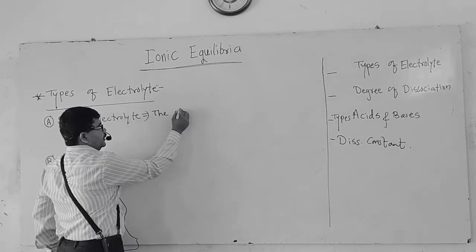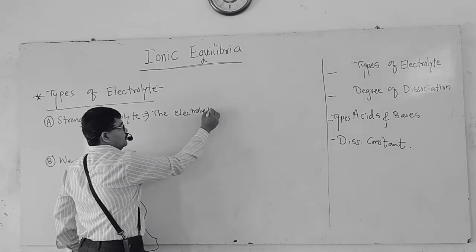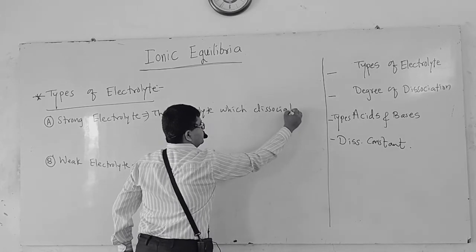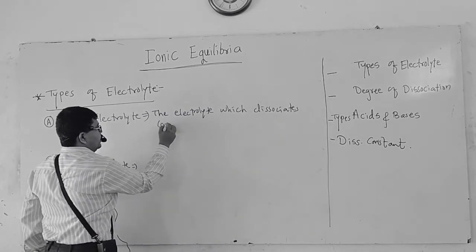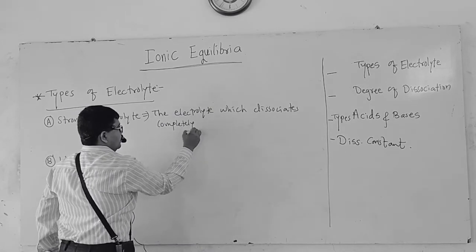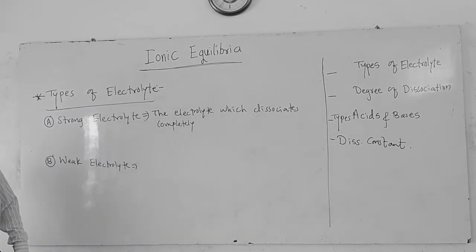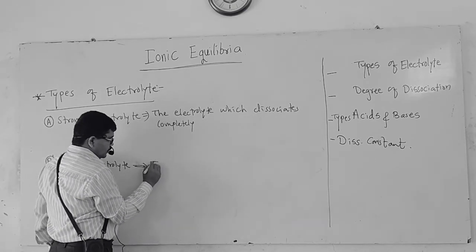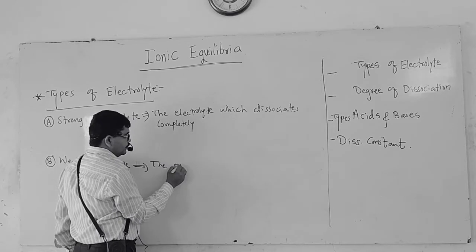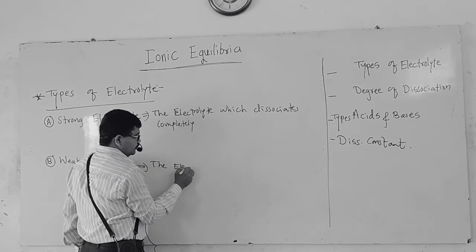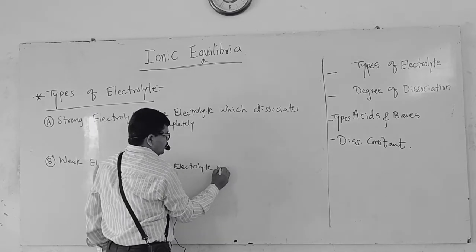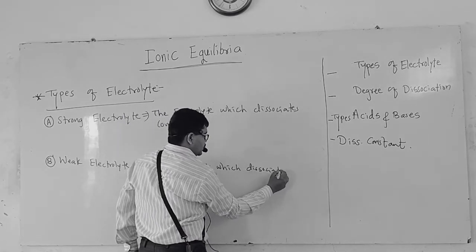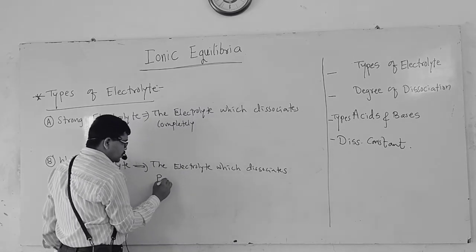The electrolyte which dissociates completely is known as strong electrolyte. Weak electrolyte means the electrolyte which dissociates partially.